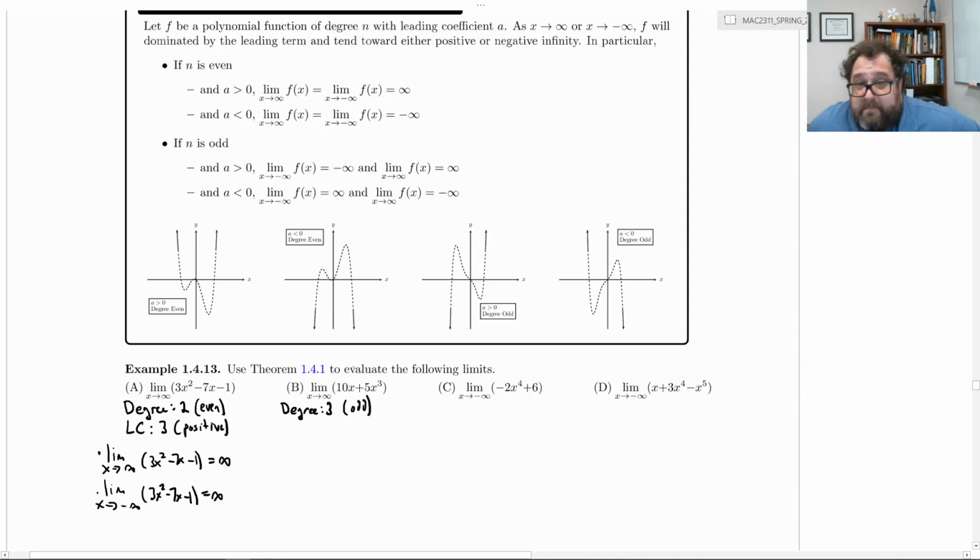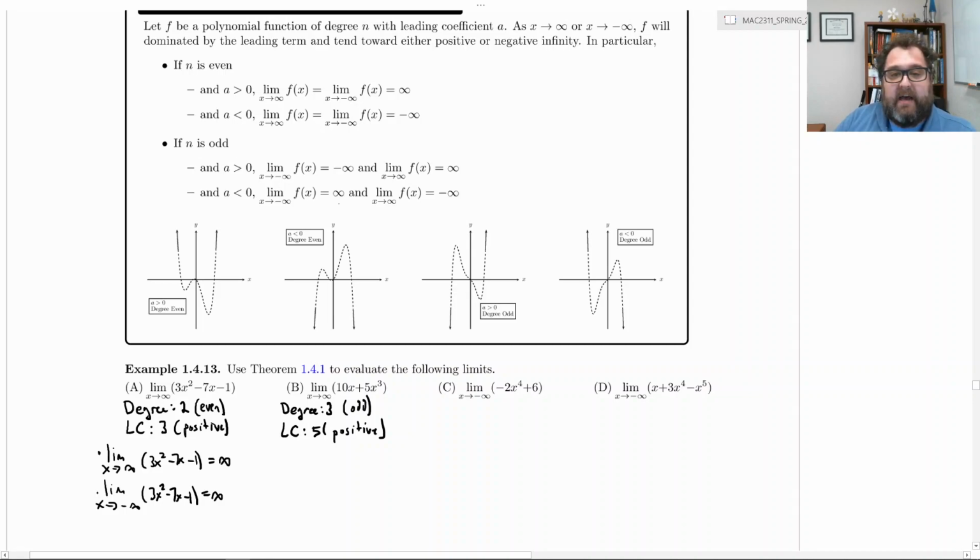Remember from college algebra that the leading coefficient is not the first coefficient you see. It's the coefficient that's paired with the greatest term, the term of highest degree, which in this case, 5x cubed is that term of highest degree. And so 5 is the leading coefficient. So LC is 5, which is positive.